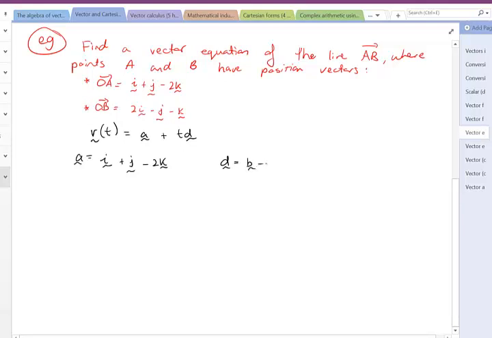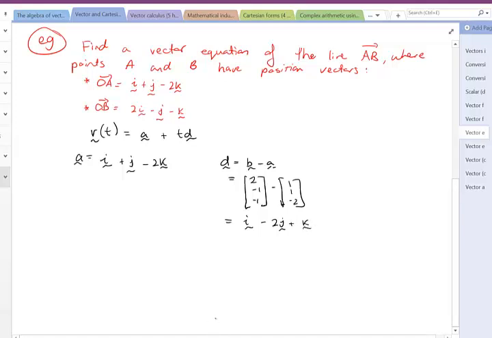So we're going to look at B subtract A, or OB take OA, and that will be (2, -1, -1) subtract (1, 1, -2). So we end up with 1i, -2j, and -1 take -2 is +1, so 1k.